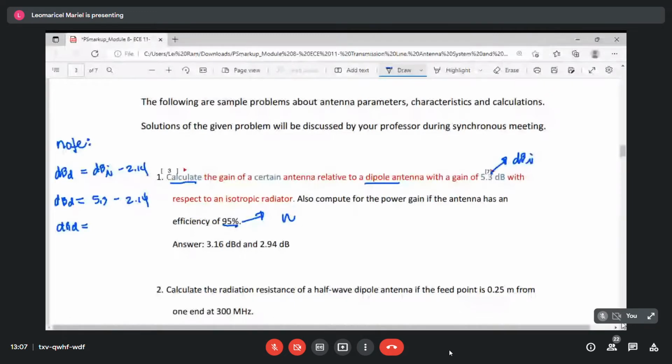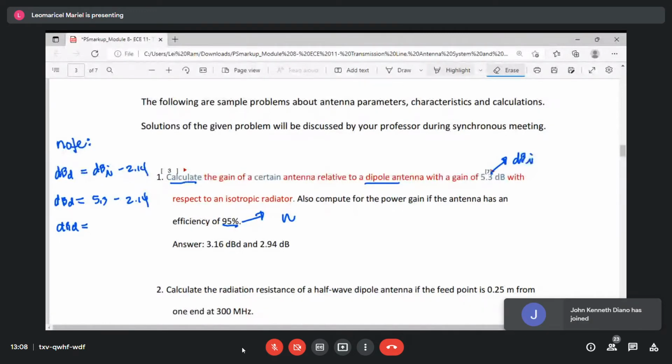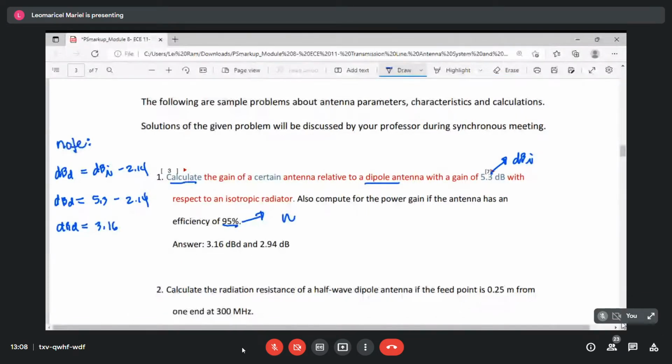Are you sure? 3.16. Oo, yun nga pala yung sagot. Okay, that is 3.16. So since sabi niya gain of a dipole, dBd, is equal to 3.16, that will be your answer.